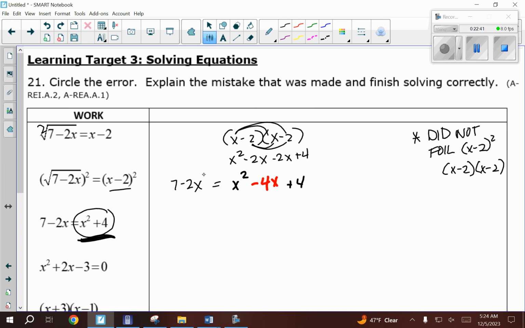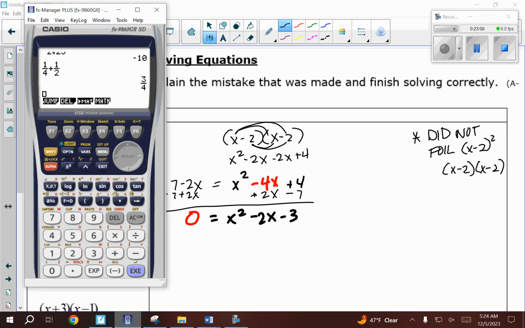Well, when we finish solving this, we're going to go ahead and make sure it's equal to 0. So I'm going to subtract 7 from here, and I'm going to add 2x here. So this question is now equal to 0. And when it's equal to 0, we all know what that means. Anytime it's equal to 0, you can just go into your solver and solve it.